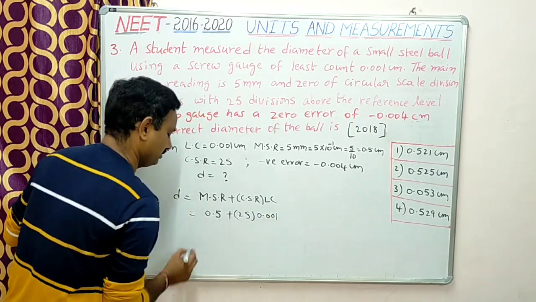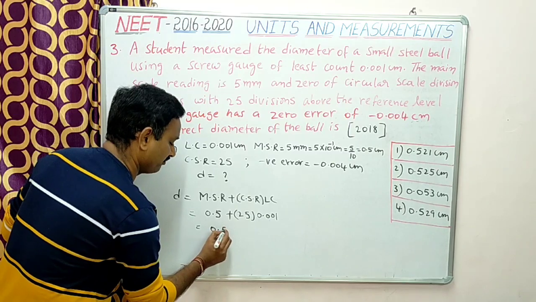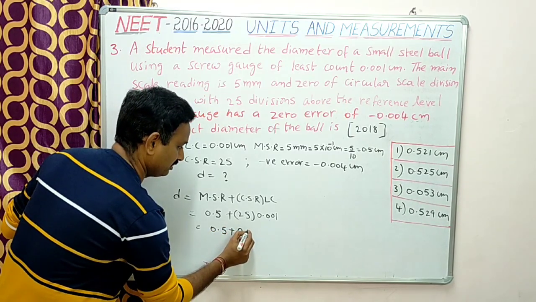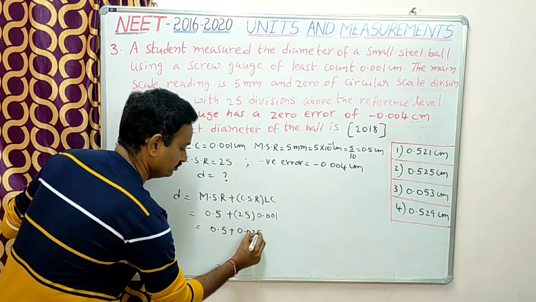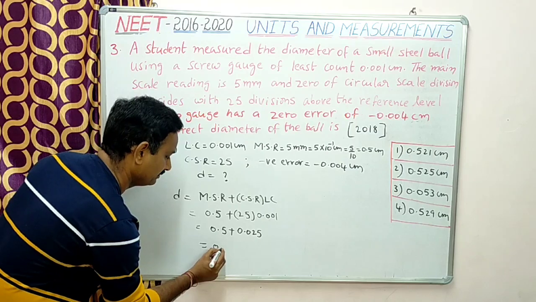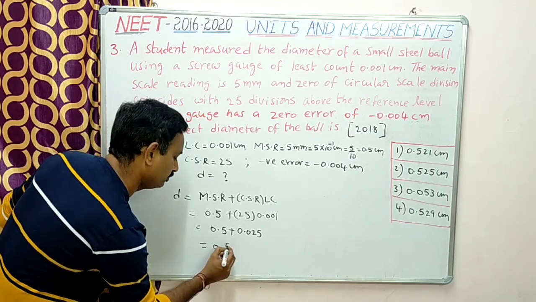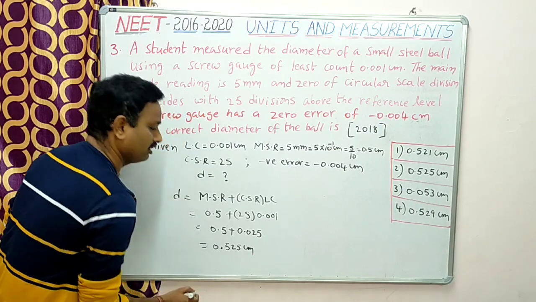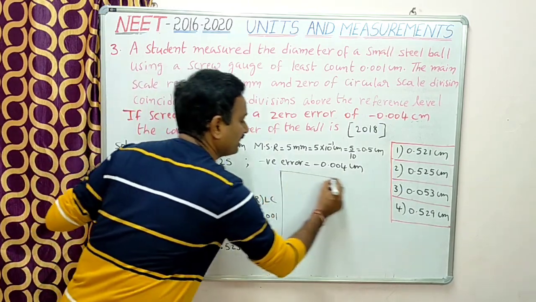Okay. So I will get 0.5 plus here 0.025 centimeter. If I add means what I will get? I will get 0.525 centimeter.